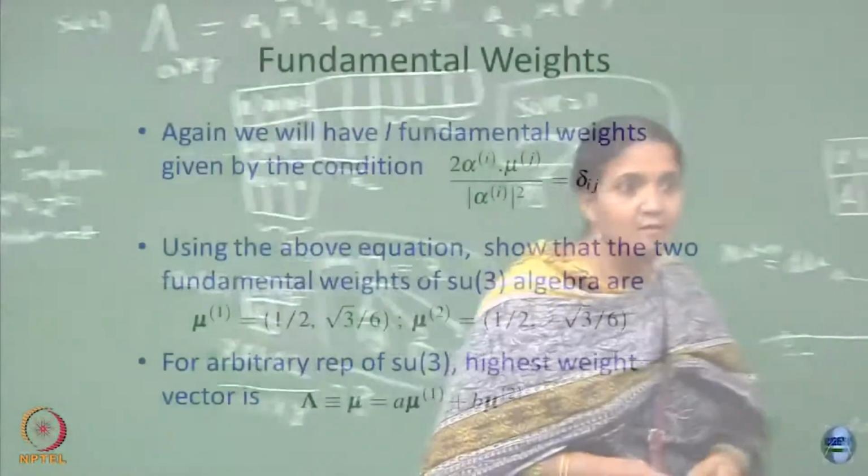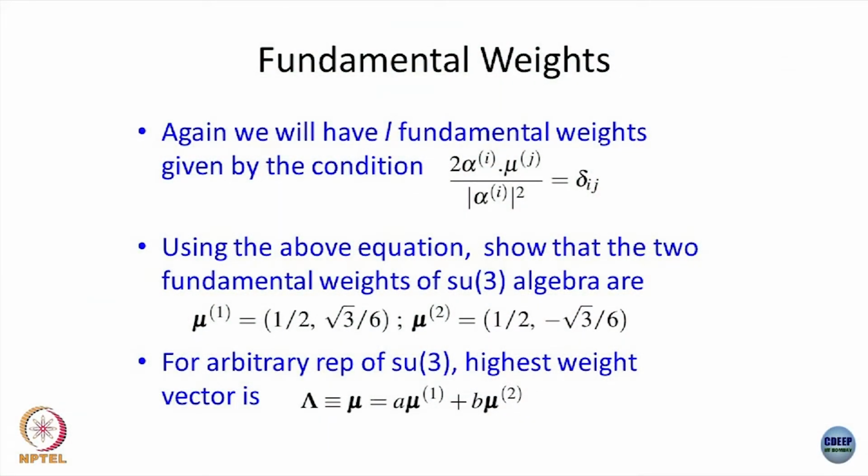Okay. So, first thing is that, as I said, there are L fundamental weights. How do I find the L fundamental weights? Basically, out of those simple roots which you have, you take the dot product of the simple roots with some arbitrary vector, and that should satisfy this kind of an orthogonality condition.